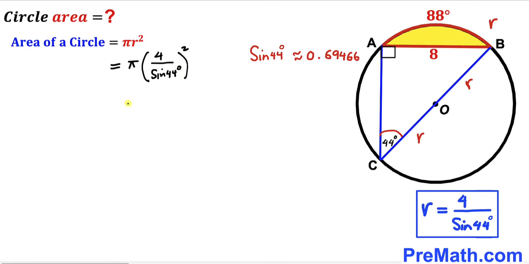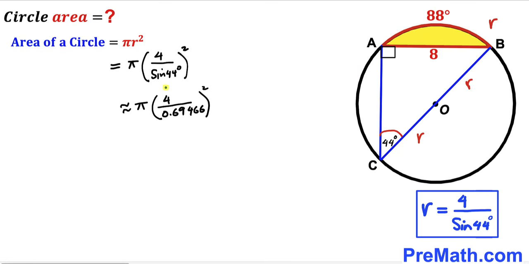Now we are going to substitute that value. The area of this circle is approximately equal to pi times the quantity 4 divided by 0.69466, squared. If we simplify this part, that is approximately equal to 33.16.